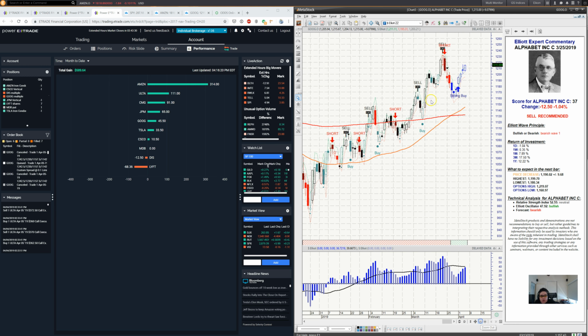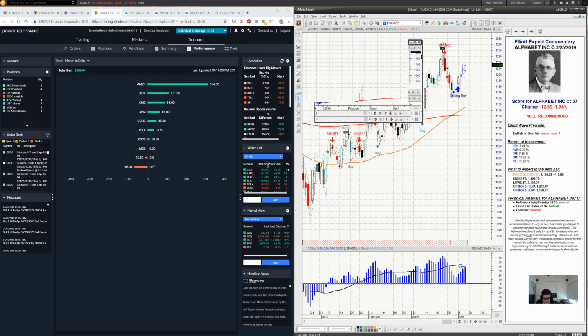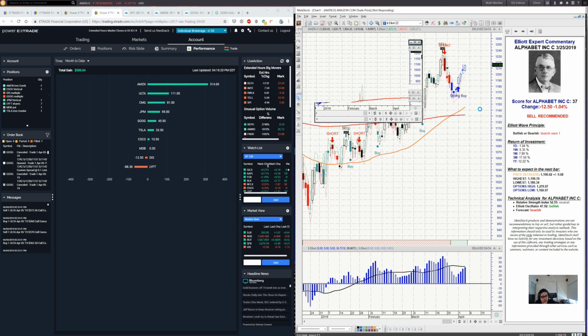We know, for example, with Google, the momentum is rising, and this is the reason why I may pull the trigger before I want to, because the Elliott oscillator is rising. But with Amazon, I think it's a much safer bet right now. Amazon has downwards momentum.